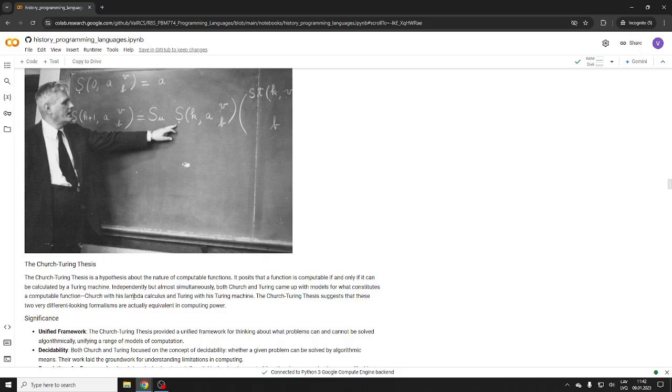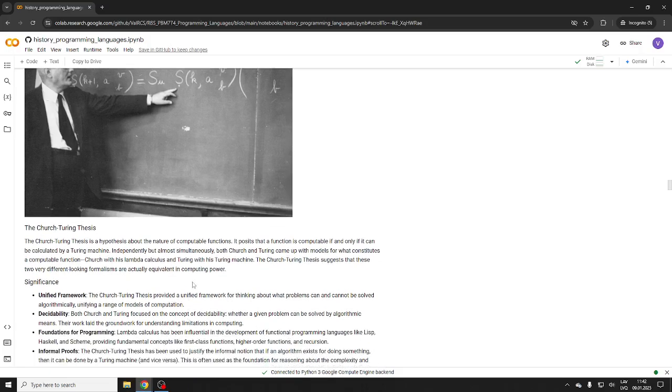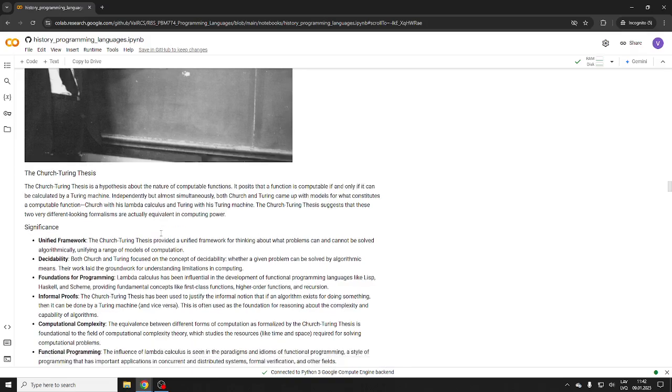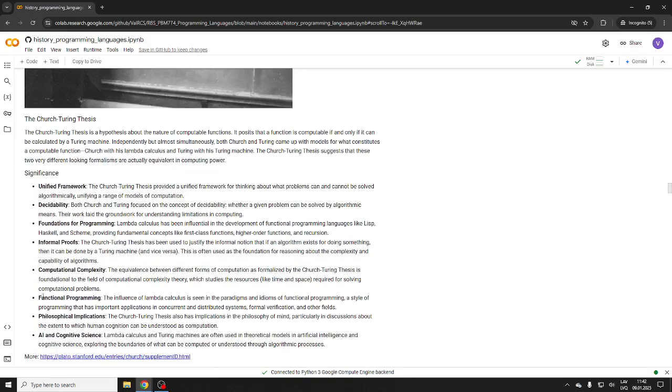Also, as far as CS goes, it led to the question of whether some problems can be solved in general. There are some limits, of course. Languages like Lisp, Haskell, Scheme have been influenced by this Church approach as well, which leads to functional programming.